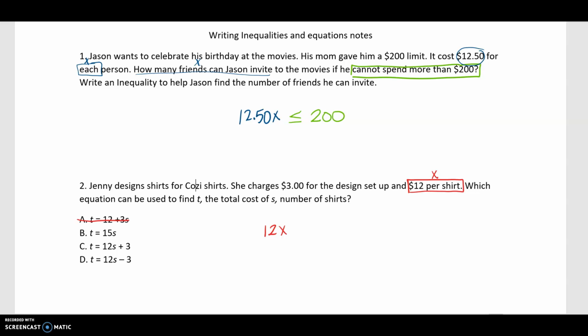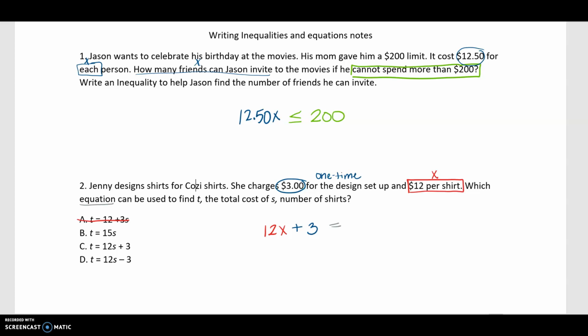Then it says she charges $3 for the design and setup. That's a one-time fee. This is like your y-intercept. This is something that we have to pay, this $3, no matter what, but I only have to pay it once, okay? And so it says which equation. So when it says an equation, that means it's going to have an equal sign.